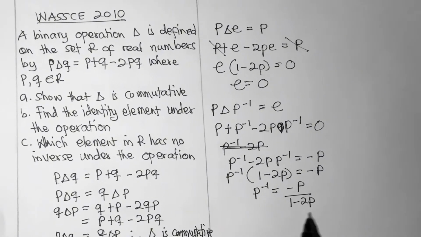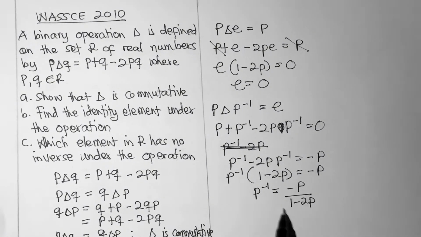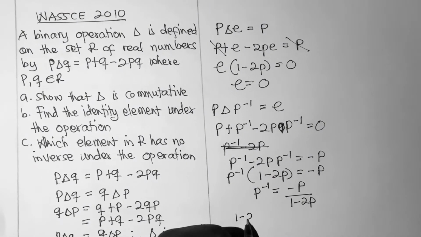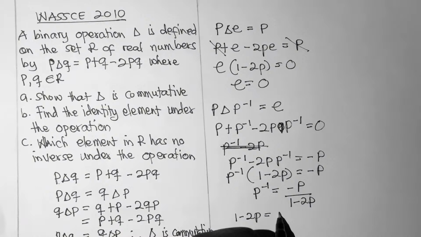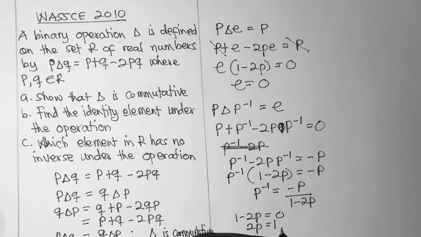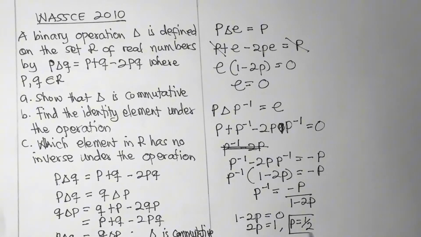For this to have no inverse, this denominator must be equal to 0. So 1 minus 2P must be equal to 0. This implies that 2P is equal to 1, and therefore P is equal to 1 over 2. So the only element that does not have an inverse is 1 over 2.